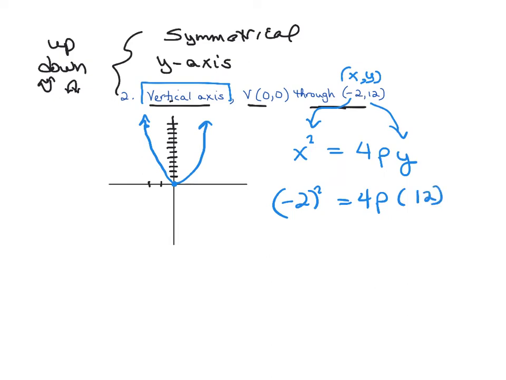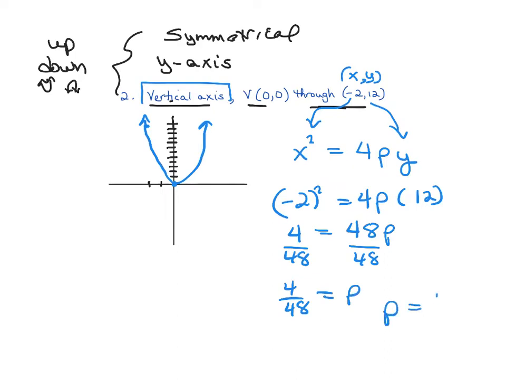I'm going to be solving for p. -2 squared is 4. 4p times 12 is 48p. I'm going to divide both sides by 48. I can simplify 4 over 48, and my p-value is 1/12. Now, again, I want my equation to have an x squared and a y in it.